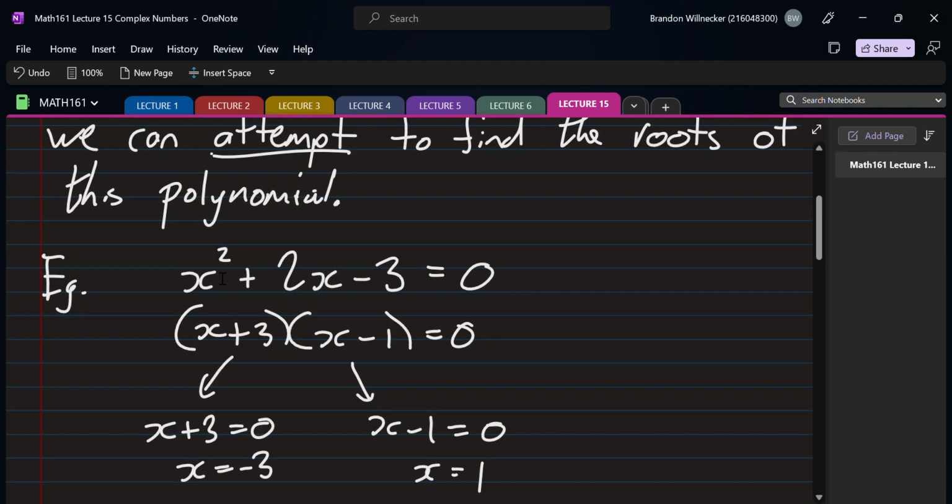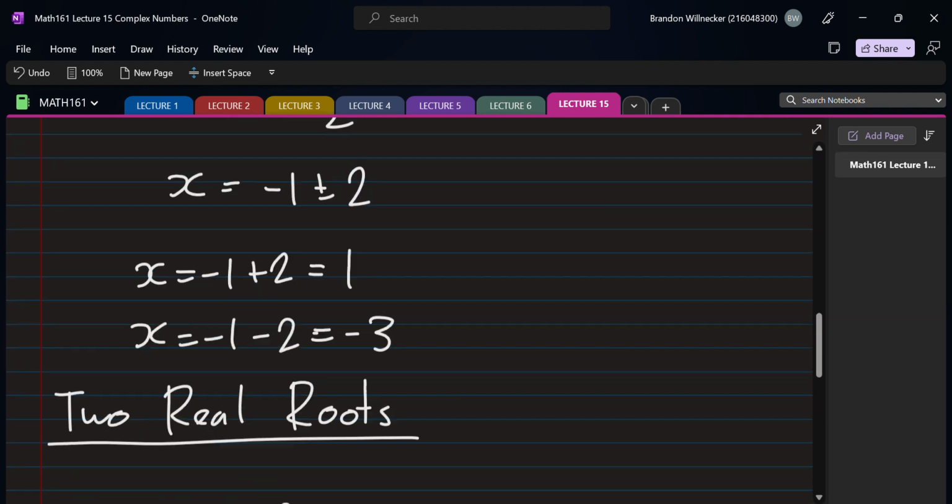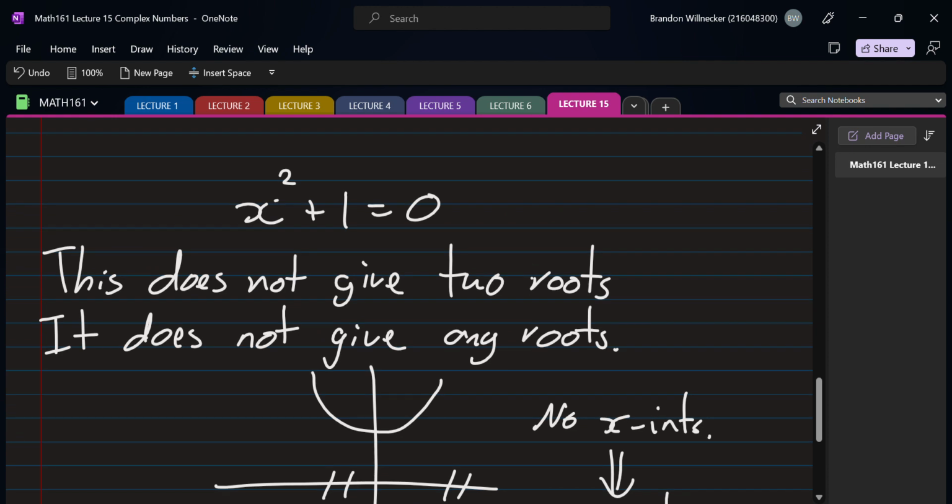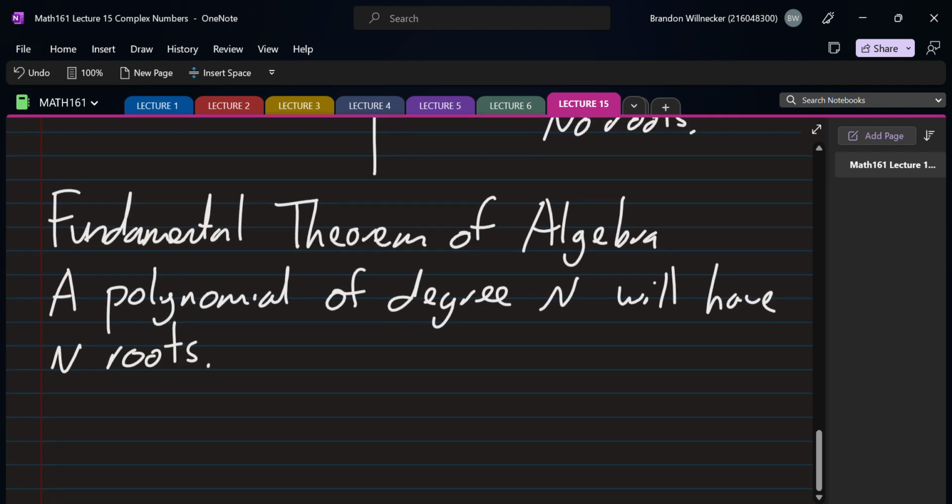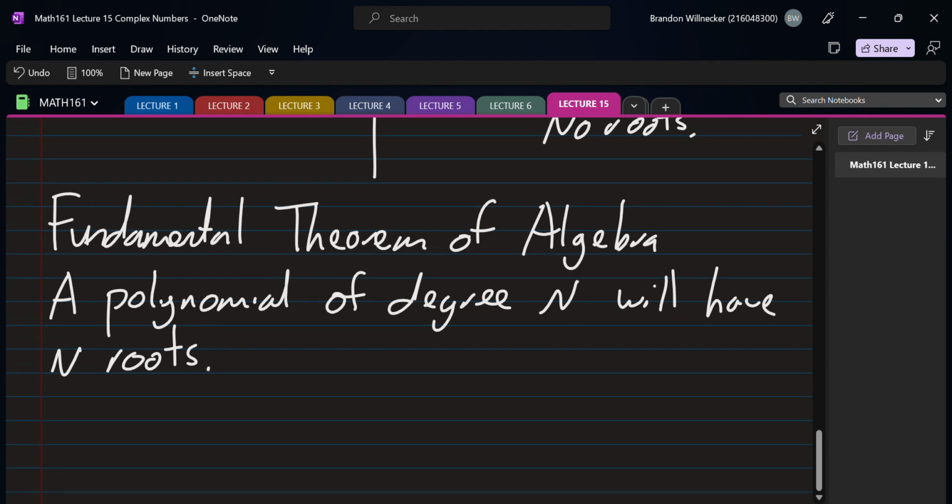We had a quadratic, a degree 2 polynomial, and we got 2 roots. But here we have also a degree 2 polynomial, but this has no roots. So we would like to force it to have n roots if it is degree n.